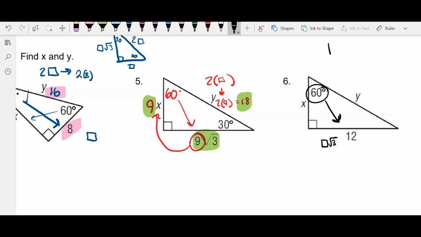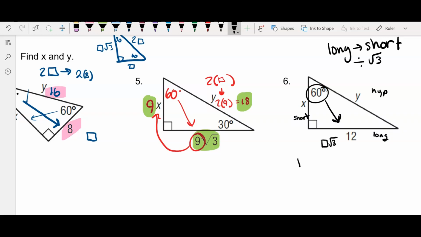So when we're going from the long leg to the short, we are going to divide by the square root of 3. And what I mean by long to short, this is the long, this is the short, and this is the hypotenuse here. So we're going to say, okay, we're dividing by root 3.